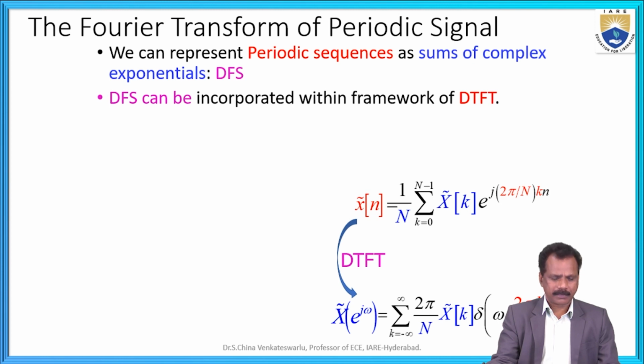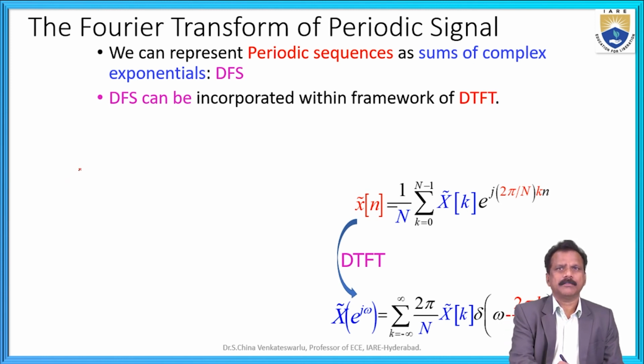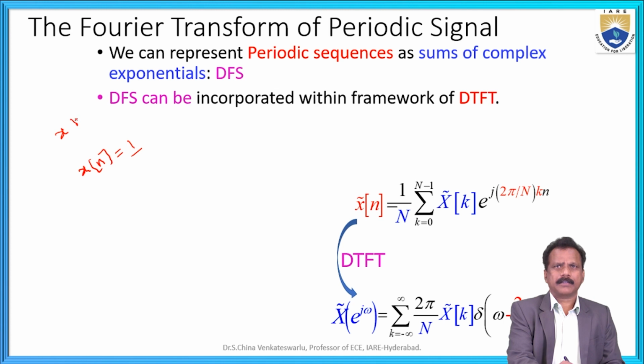After applying this, x of n is equal to 1 by, we know that X of k is the DFT. It is the inverse DFT.